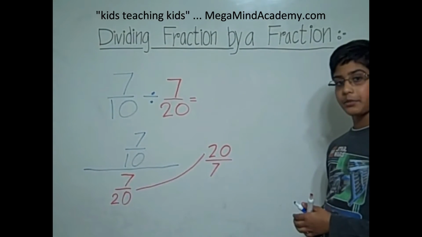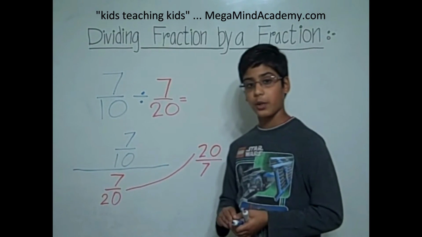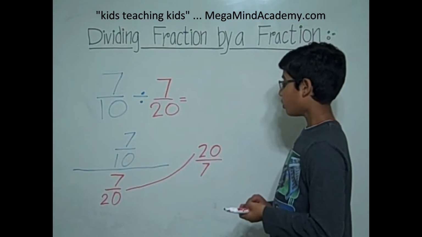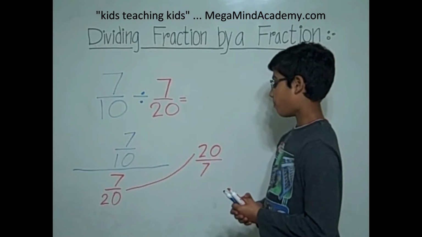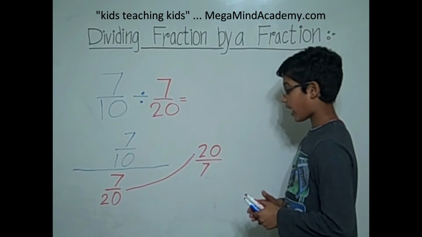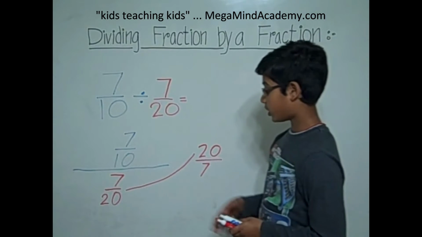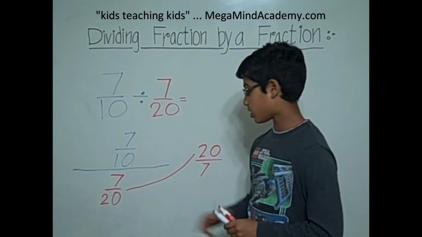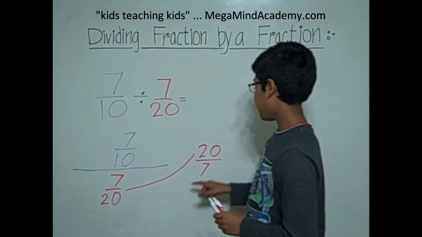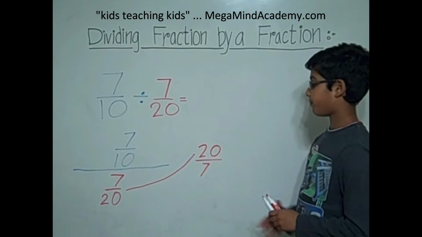So, as step 2 says, we have to multiply the numerator, which in our case is 7 over 10, by the reciprocal fraction of the denominator, which in our case is 7 over 20. So the reciprocal fraction of 7 over 20 is 20 over 7.